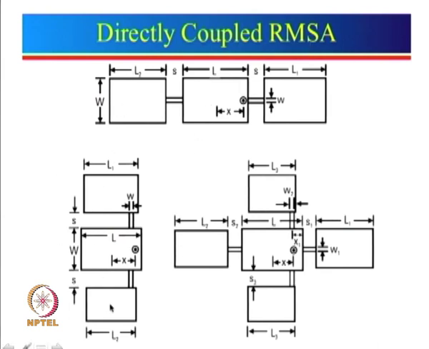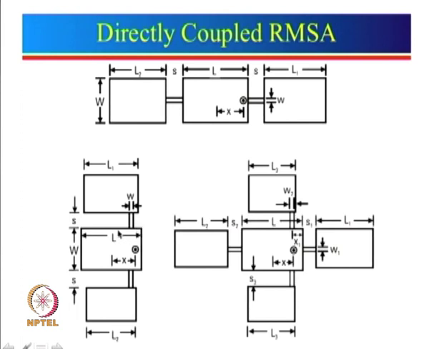Now, in the non-radiating edge, there is one additional parameter which controls the coupling between the patches. Over here it was generally the width of the strip which was controlling the coupling, but over here the location of the strip also controls the coupling. The reason for that is over here the radiation is uniform along the width, but along this length the field variation is sinusoidal.